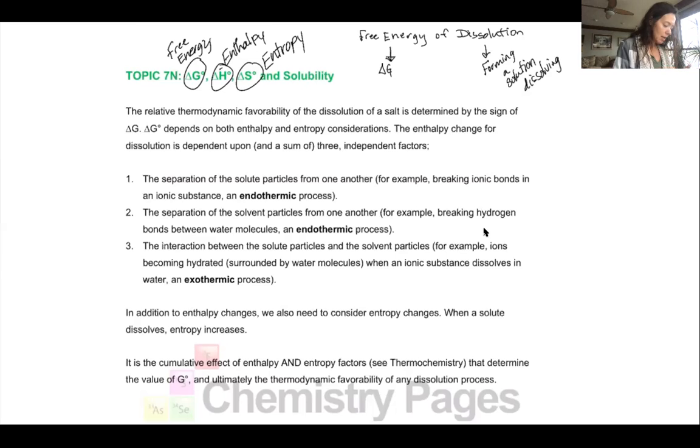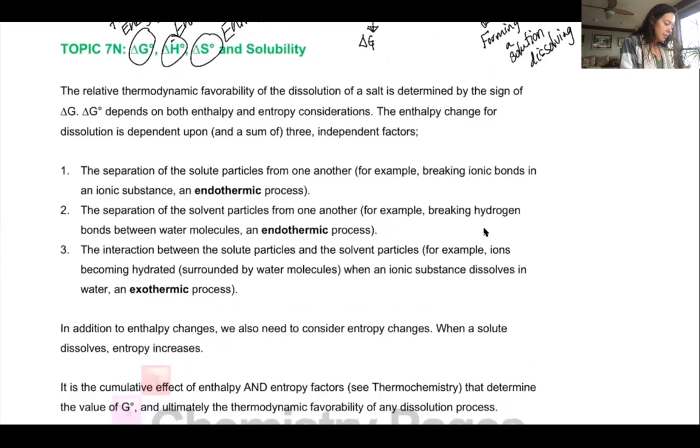But what you can know here, and let's look at the words that are provided to us. The relative thermodynamic favorability. What does that mean? Spontaneity. That means, will a process occur without outside intervention?